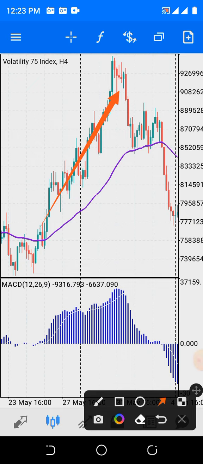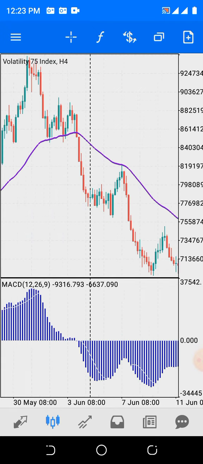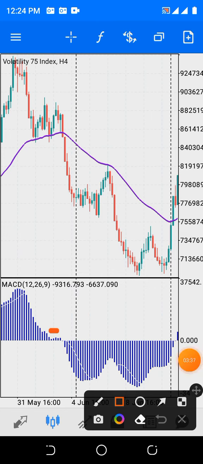Now observe here. There is another trade here. Observe closely. There is a crossing here. Now trace it up to see if the crossing occurs at the same time. You see that the crossing occurs at the same time.